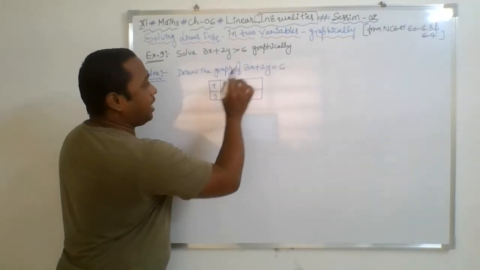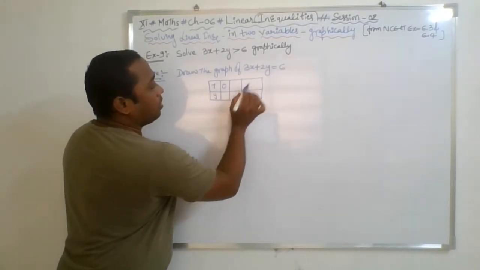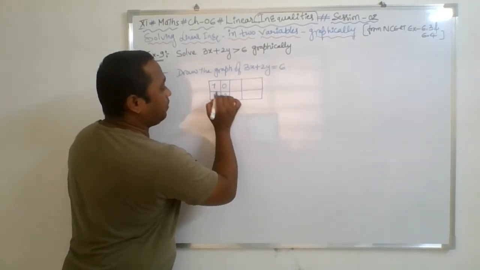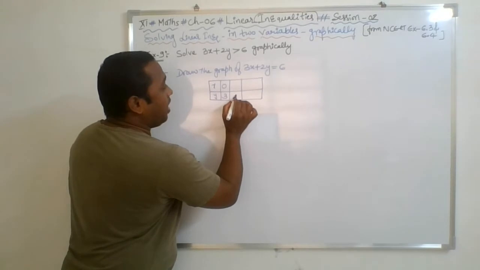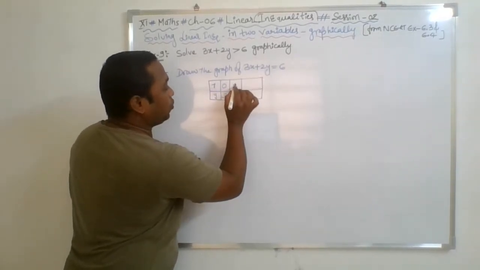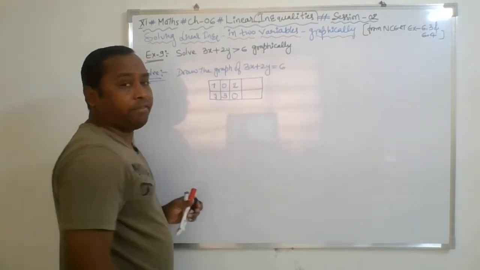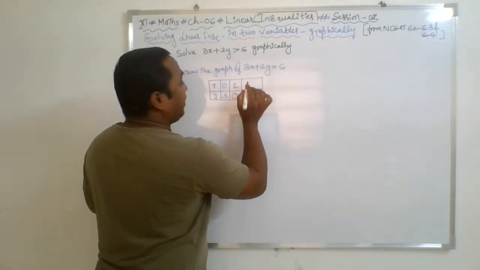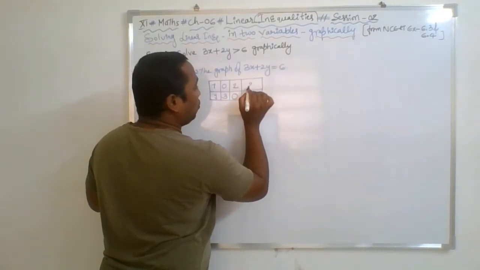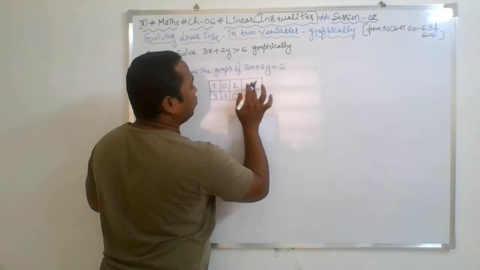If I take x as 0 in this equation, by solving, y will be 3. If y is 0, then x will be 2. You may take any value of x. If I take x as, let us say, 2, no, then there is no point.